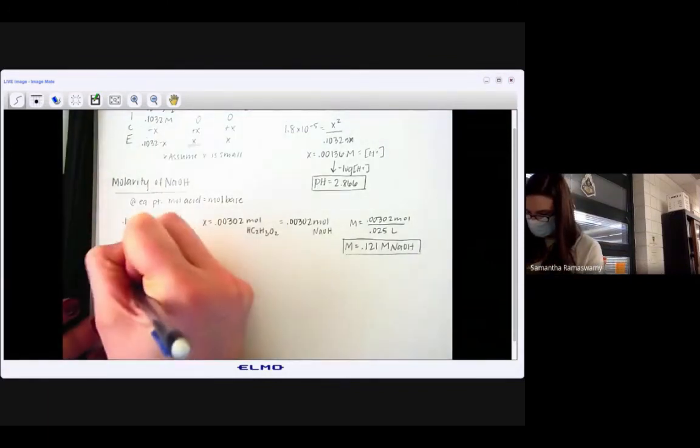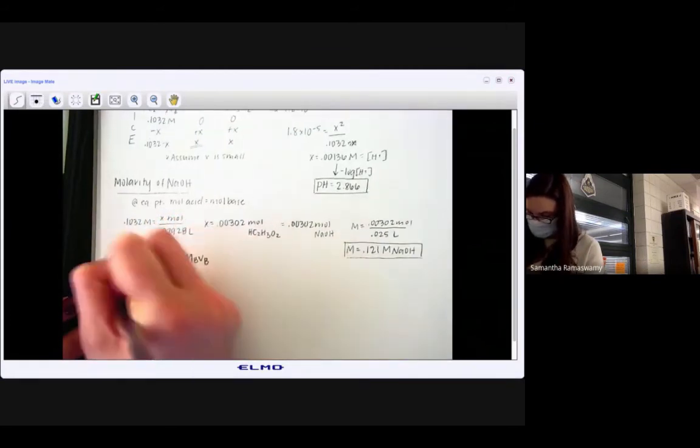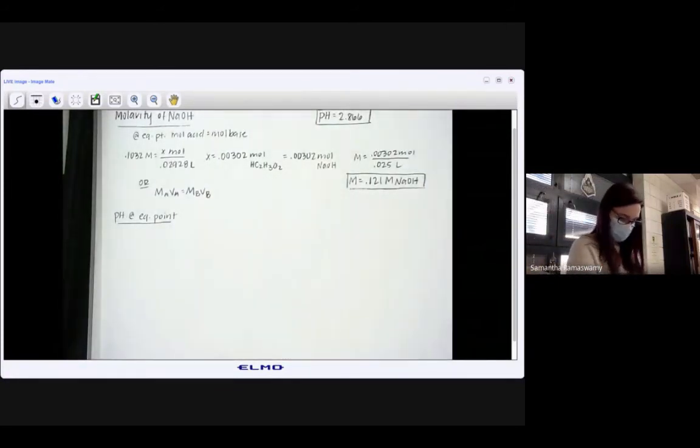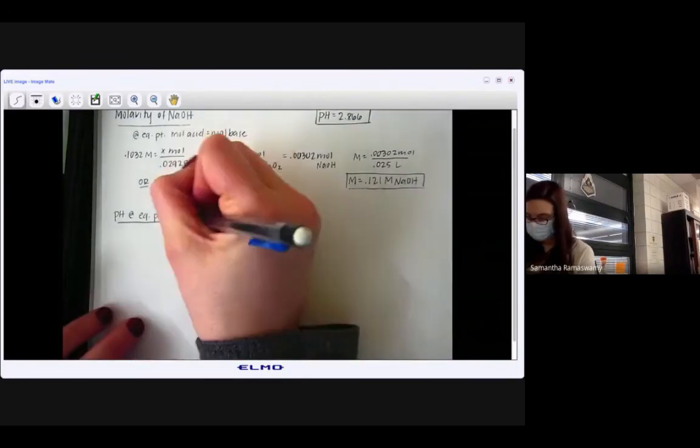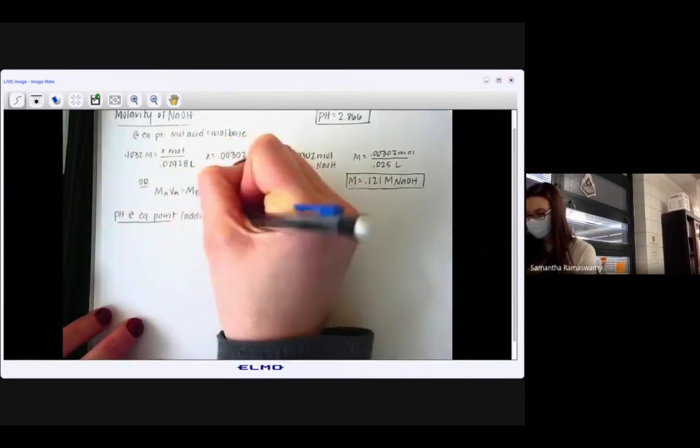Now, pH at equivalence point. So here's the longer of the questions. So again, pH at the equivalence point. Remember that we are adding volume to volume.